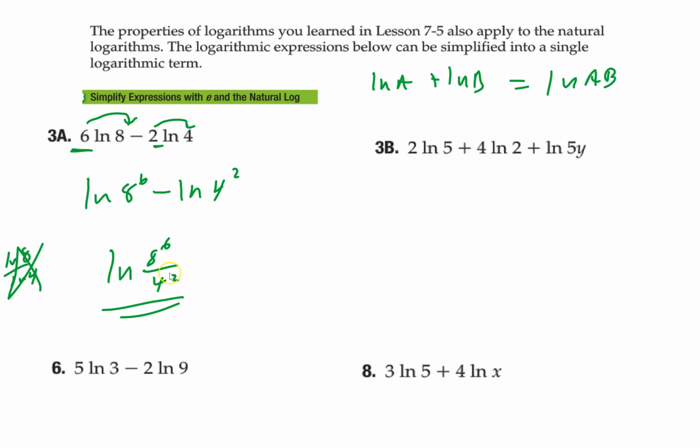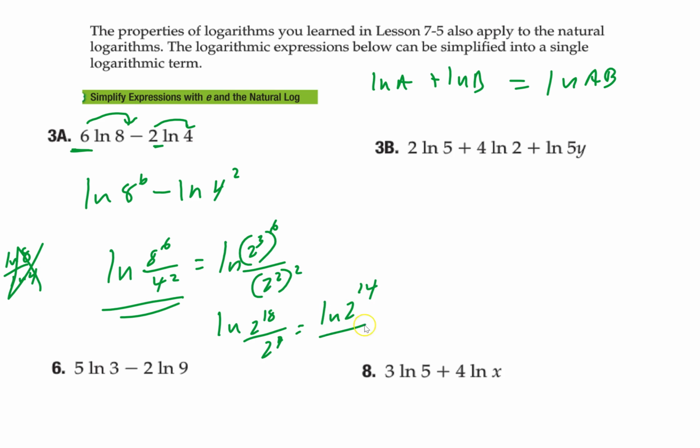Now, that's done. We actually could reduce it, because 8 is the same thing as 2 cubed, and 4 is the same thing as 2 squared. Now remember, power to power you multiply, so I actually get natural log of 2 to the 18th over 2 to the 4th, which gives natural log of 2 to the 14th.